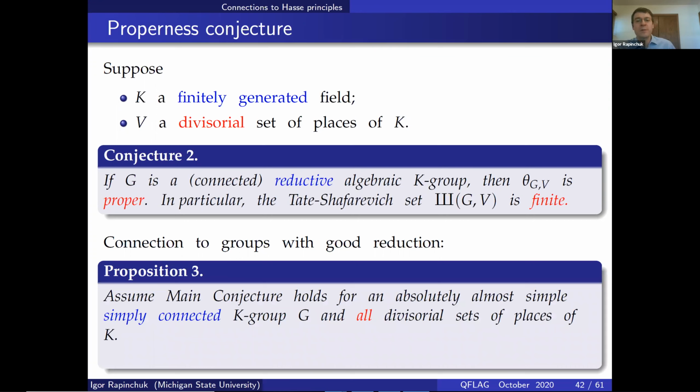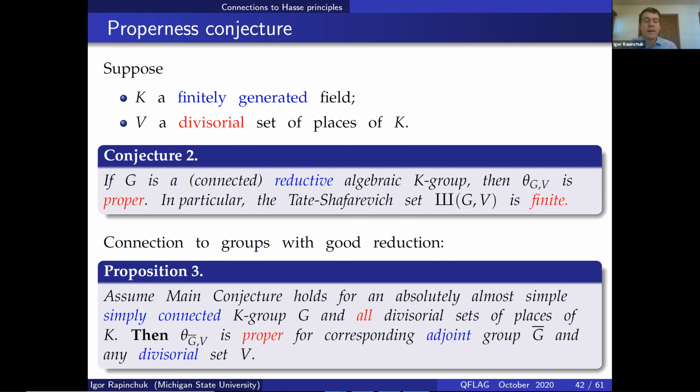Suppose we have an absolutely almost simple simply connected algebraic group G over our finitely generated field K. And let's assume that our main conjecture on forms with good reduction holds for G and all divisorial sets of places of K. Then it turns out that the corresponding global to local map is proper for the associated adjoint group G bar and any divisorial set V. Okay, so in other words, assuming the conjecture for simply connected groups allows us to resolve this conjecture concerning local global principles for adjoint groups.